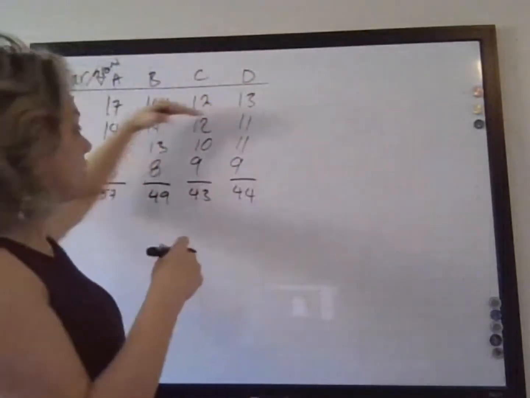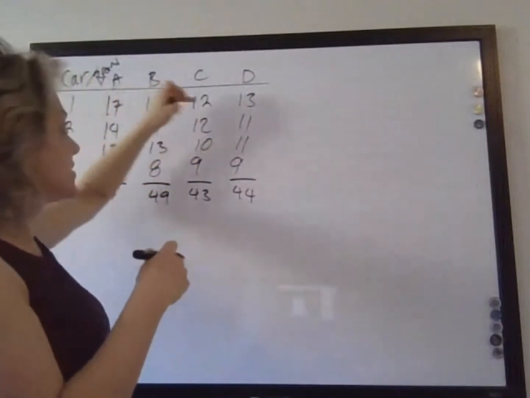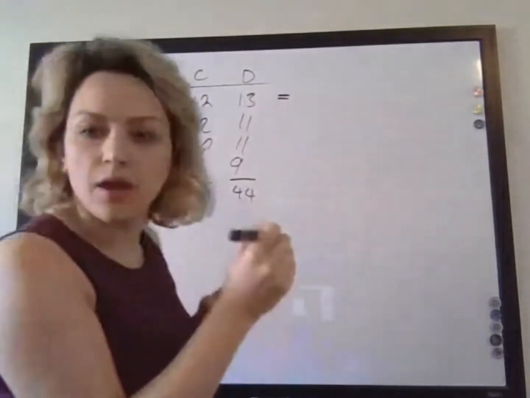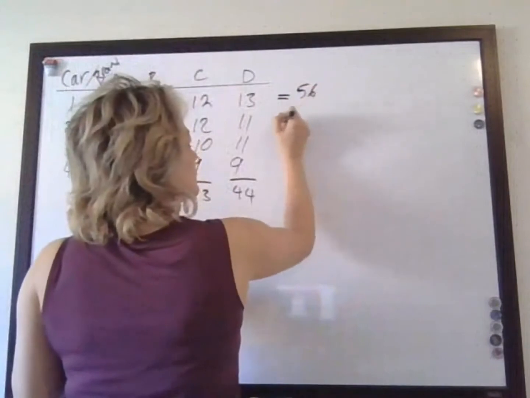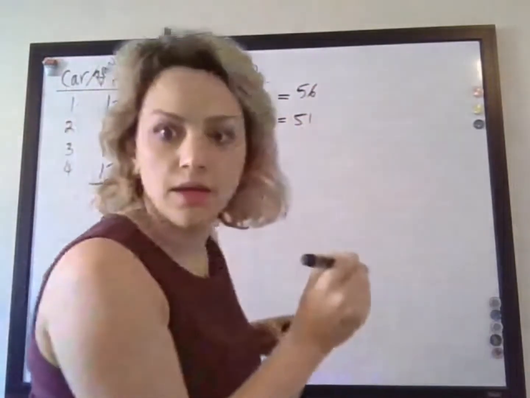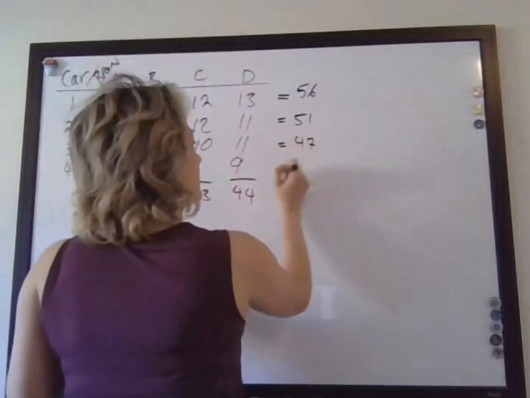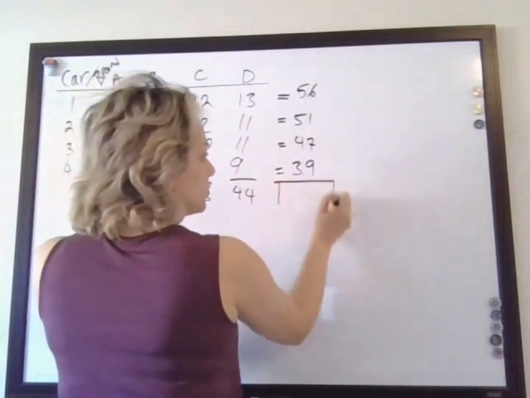Also, for each of these blocks, I can add the observations that I have. So here, when we add them, it's going to be 56, 51, and then 47, 39. And then we would have a grand total.